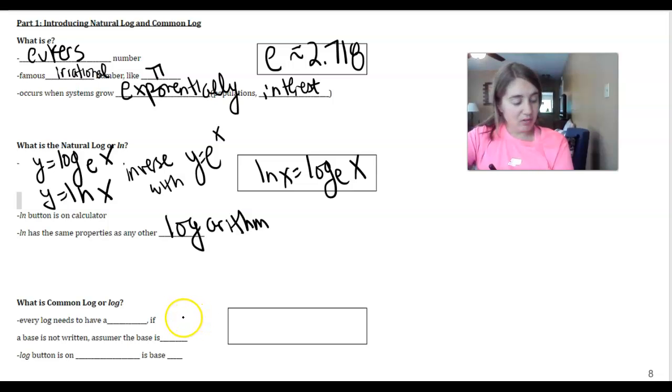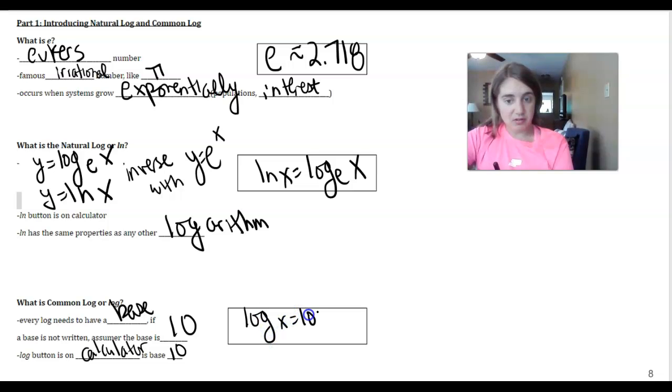Common log: every log needs to have a base. If a base is not written, assume the base is 10. So log of x equals log base 10 of x.